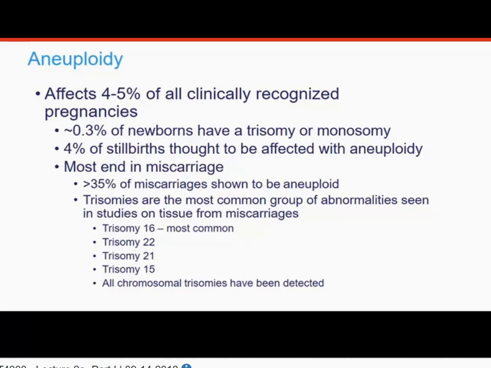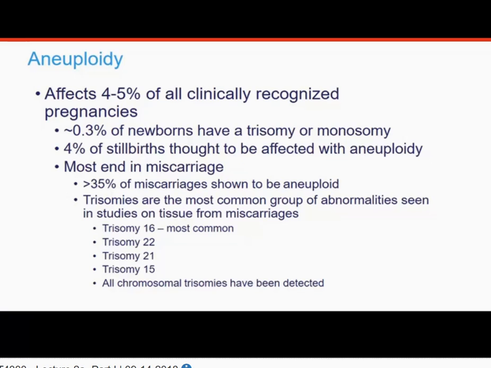So aneuploidy, gain or loss of a chromosome, affects about 4 to 5% of all clinically recognized pregnancies. In a general newborn population, less than 1% will have a trisomy or monosomy.